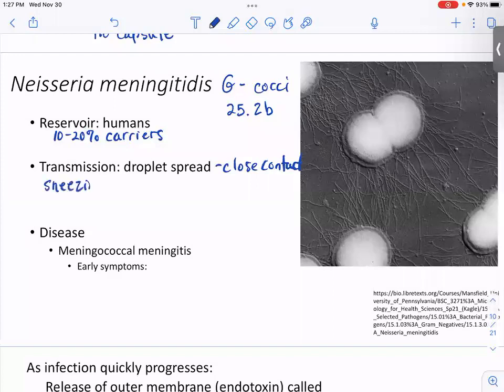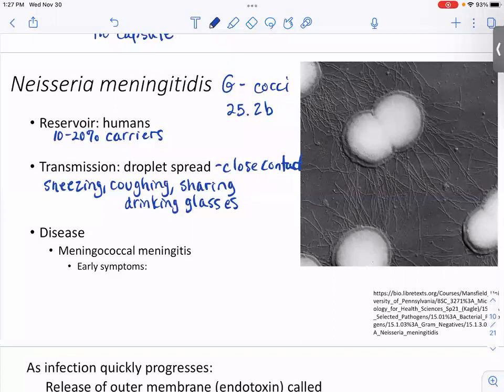Typically sneezing, being near someone that's sneezing or coughing, or sharing some kind of fomite like drinking glasses. Some of the outbreaks at colleges have been traced back to parties where people were sharing drinking glasses.